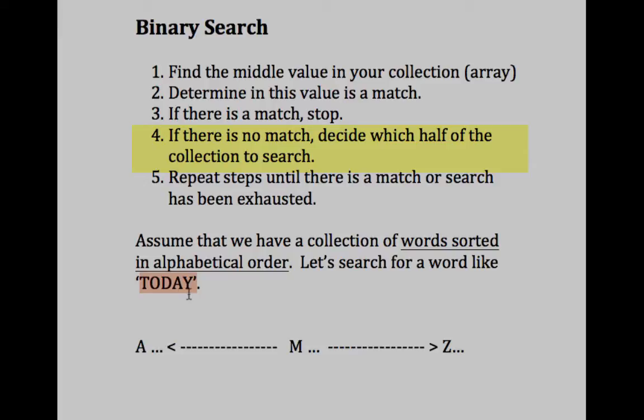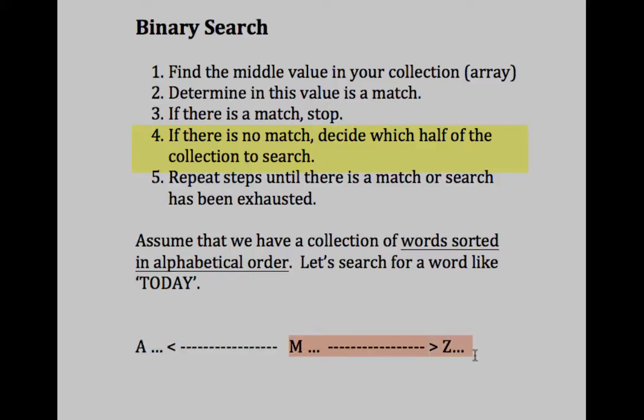But now, because I know that my collection is sorted, I need to decide which of the two halves is most likely to contain the word today. Is the word today going to be found in this first half that has words that start with A up to words that start with M? Well, obviously, the answer is no. Today is not going to be in that half.